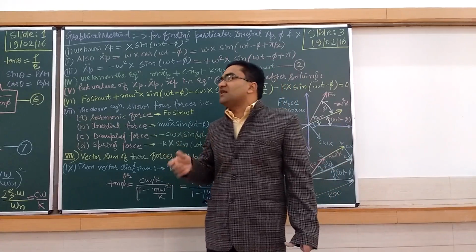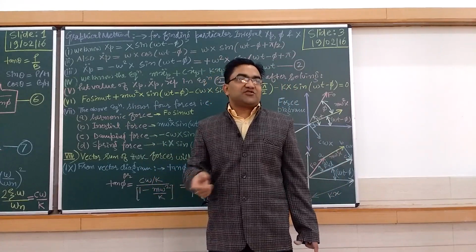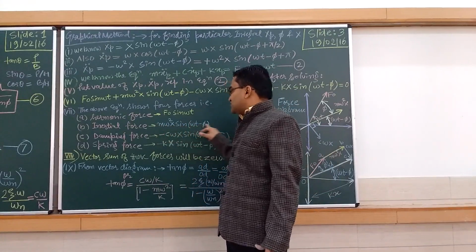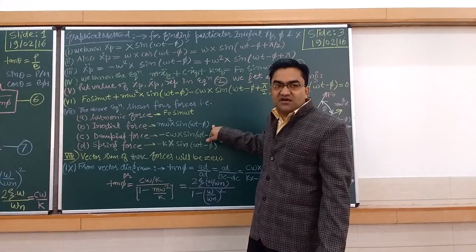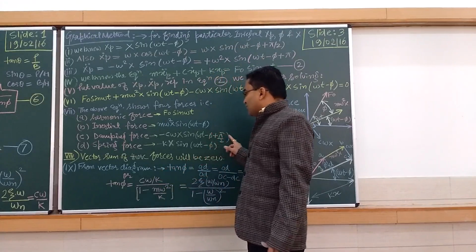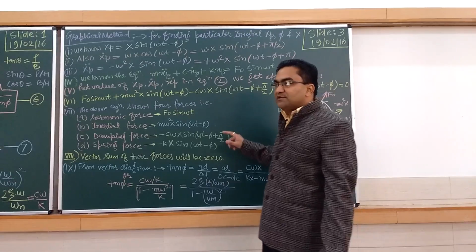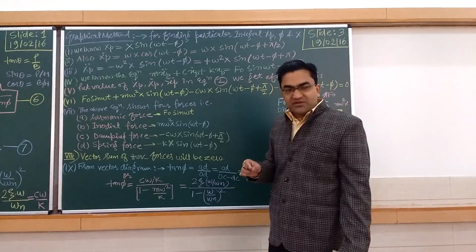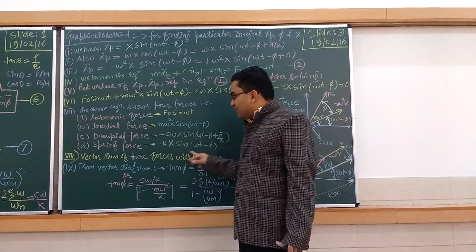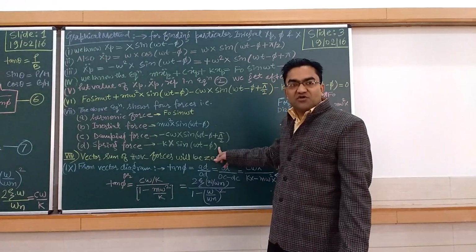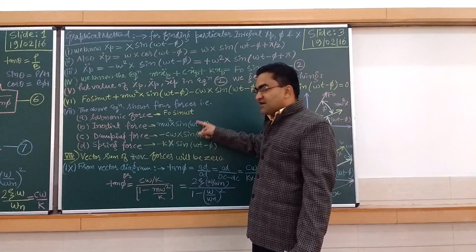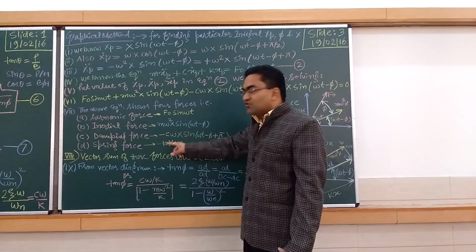It was an external excitation force which was actuating the system, giving a direction to the system. Second force was the inertial force. This force came into the picture due to the D'Alembert principle. Third one is your damping force. This force came into the picture due to the damper we have put into the system. And fourth force is your spring force, which came into the picture due to the restoring force offered by the spring. Now we will try to draw a vector diagram through all these four forces.